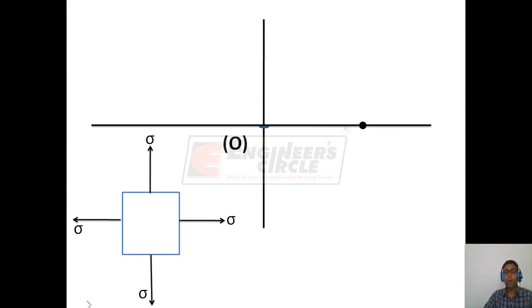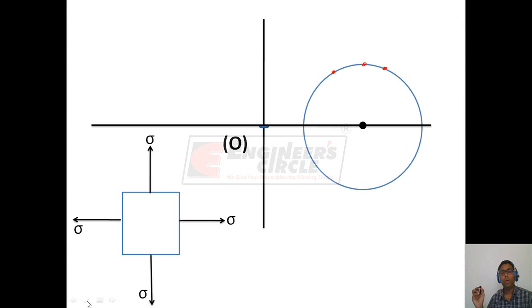To understand this point Mohr's circle, imagine a bigger Mohr's circle at this point like this. We have learned that each point on a Mohr's circle, whether this point or this point, represents a plane passing through a point A, and the coordinates of these points, that is the x coordinate and the y coordinate, give the normal stress and the shear stress on the plane represented by this point.